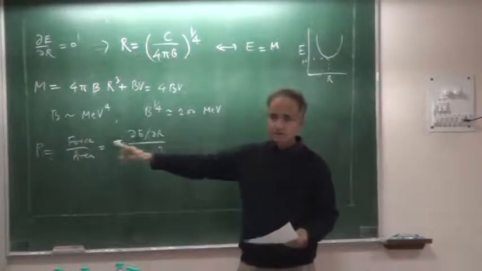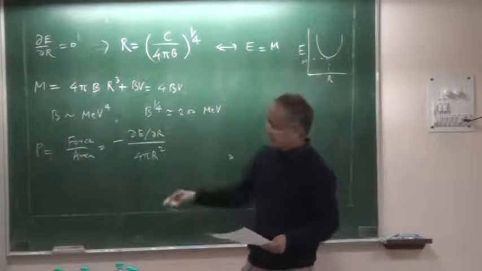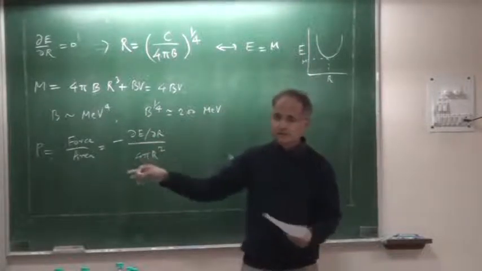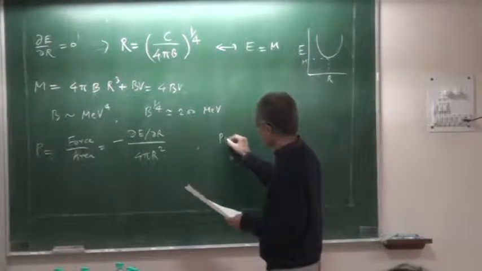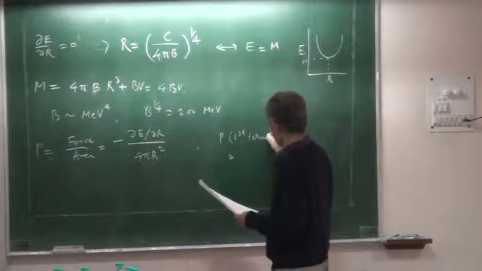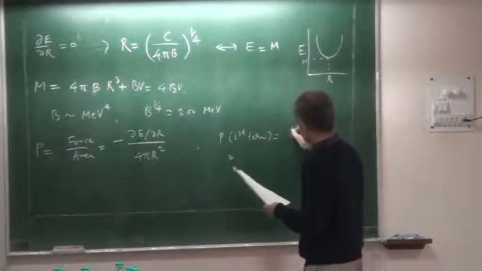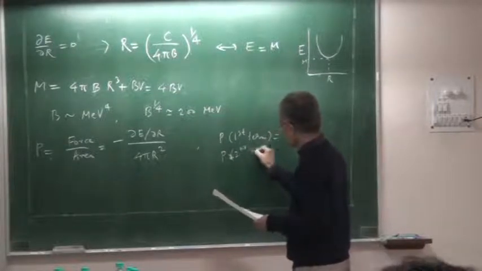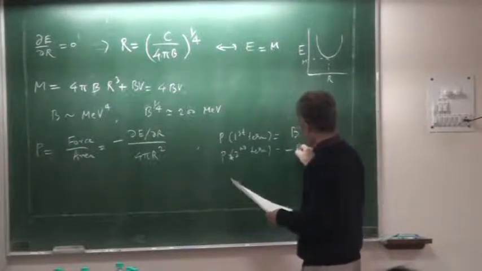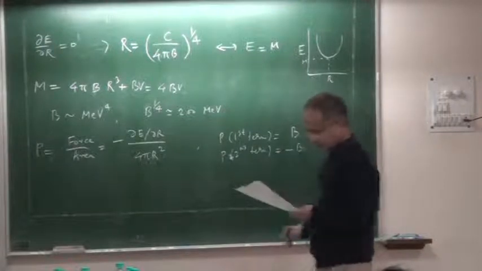But you can calculate pressure for the first term and the second term. The first term gives pressure B, and the pressure due to the second term will be minus B. So they balance.